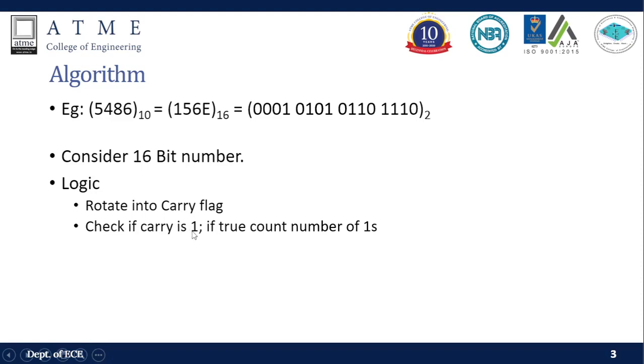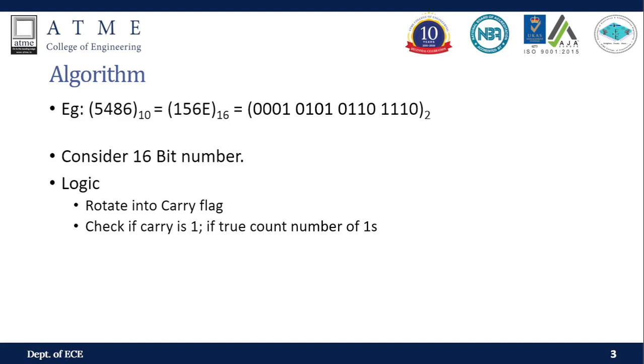Now, if a 1 is coming into the carry flag, then that correspondingly has to be taken into count. That is, how many times a 1 turns up in the carry flag, that will have to be counted. And how many times you don't have a 1 in the carry flag, that is also counted. So the number of times a 1 is encountered, that count will be stored in one register, and the number of times a 0 is encountered, that will be stored in another register. And this is taken as the basic principle of working for the program that we are going to use.